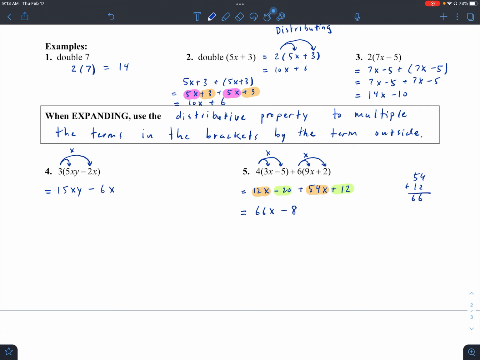Another way of doing it is you could do 20 minus 12 and just change the sign to a negative. 20 minus 12 is 8, but knowing that it has to be a negative number since negative 20 is more negative than 12, the overall number in the end has to be negative. And that would be it. So 66x minus 8. You can't collect them because they don't have the same variable, so they're not like terms.